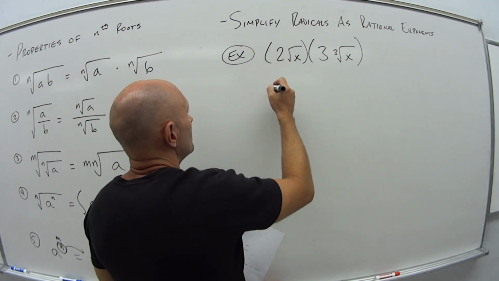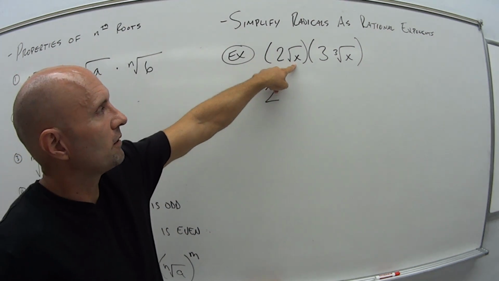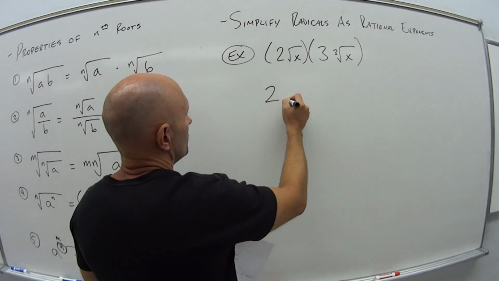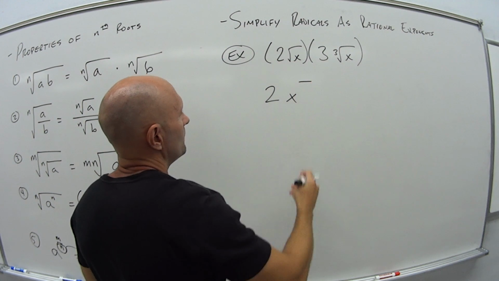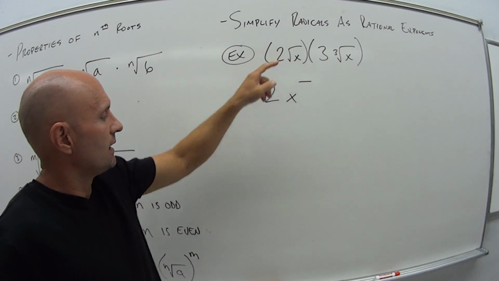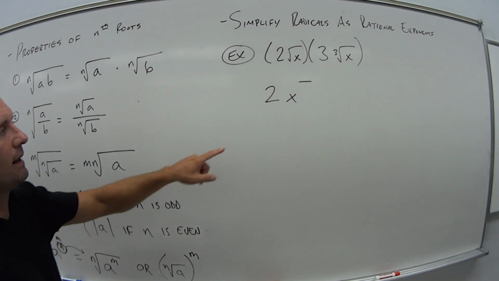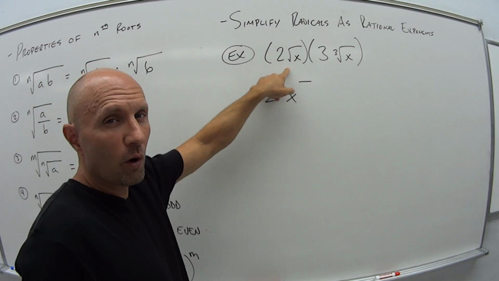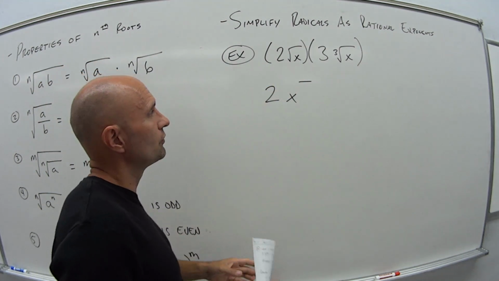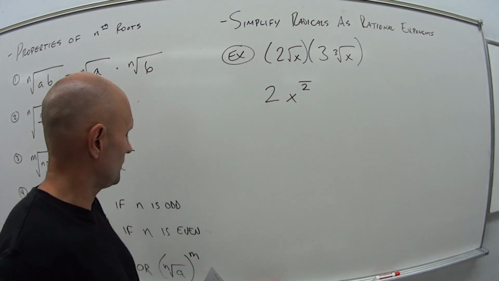So we have 2. If I'm converting this to an exponent, because it's a root, it's going to have some fractional exponent. And what did I say over here? Whatever the root is, that's the denominator of this fraction. Well, this is square root, so that means a 2 goes in the denominator.